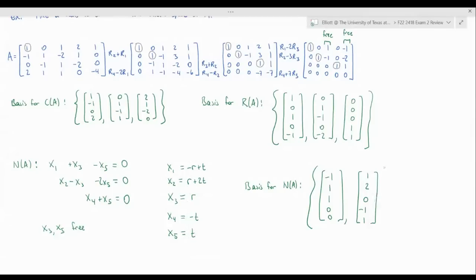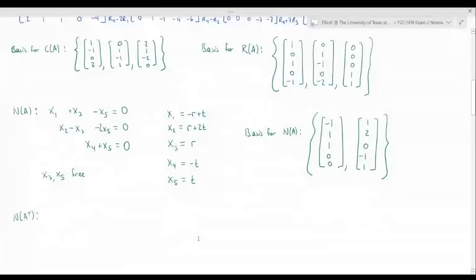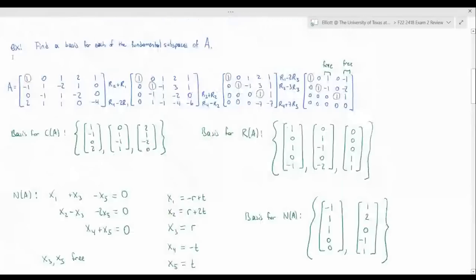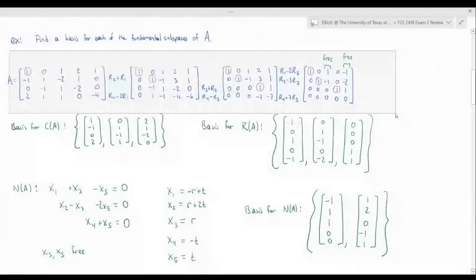And then lastly, to get a basis for the left null space, previously that's always the one that's a little bit harder to do because you can't get the null space from the work that we've done over here, okay?